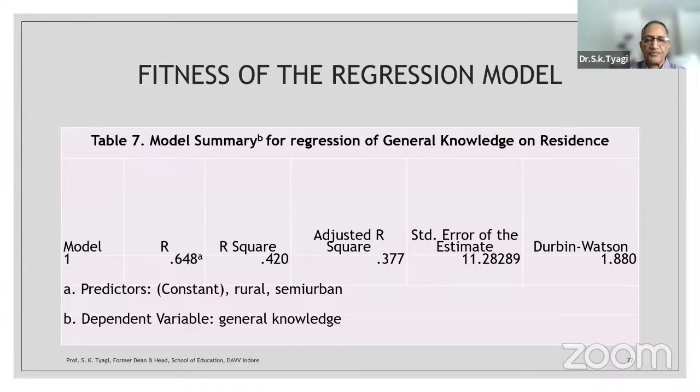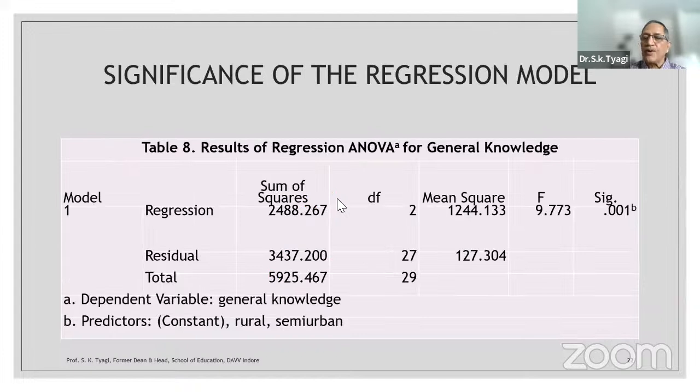Table 7, R square is 0.420. So 42% of the variance in general knowledge can be explained by the independent variable. ANOVA is significant, value is 9.773, less than 0.01.